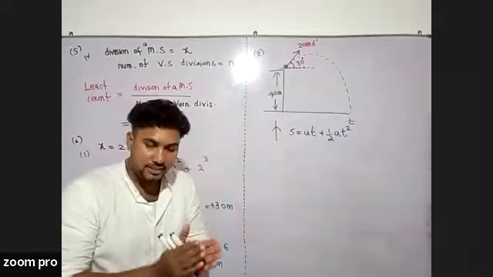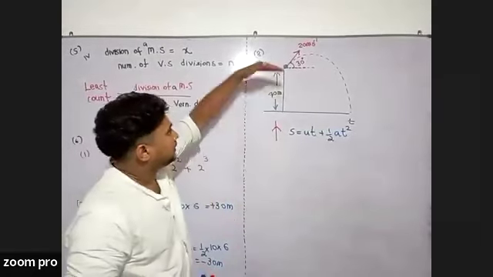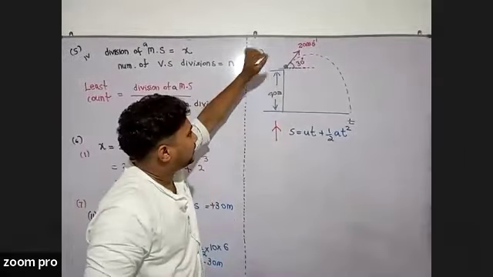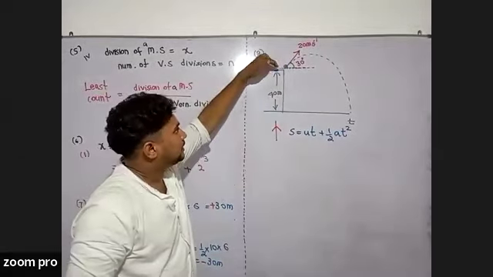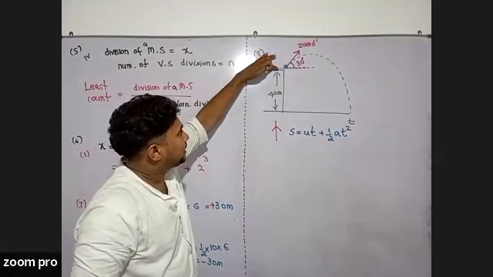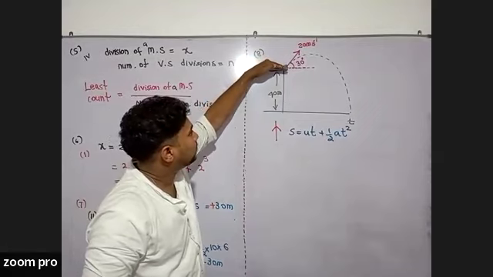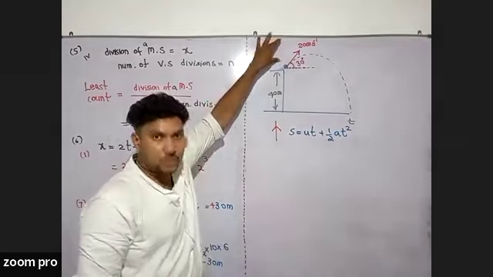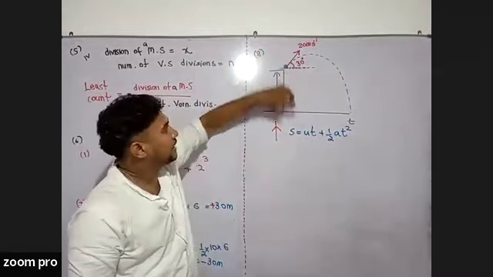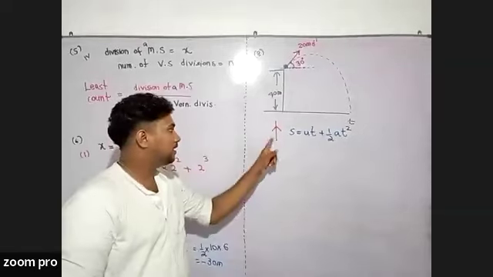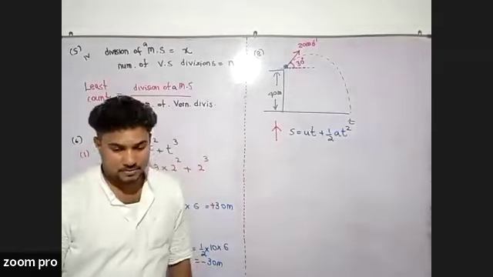We consider displacement above this level as positive, and displacement below this level as negative. So that's the meaning of this direction sign, right?